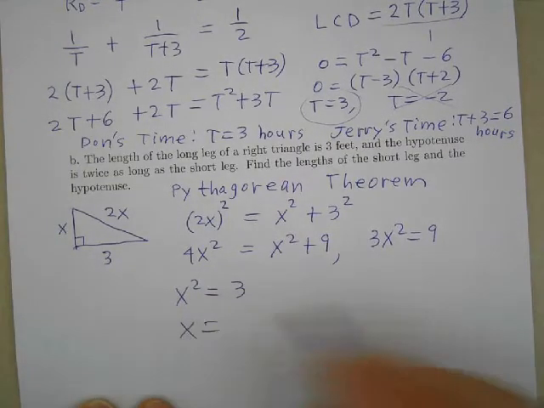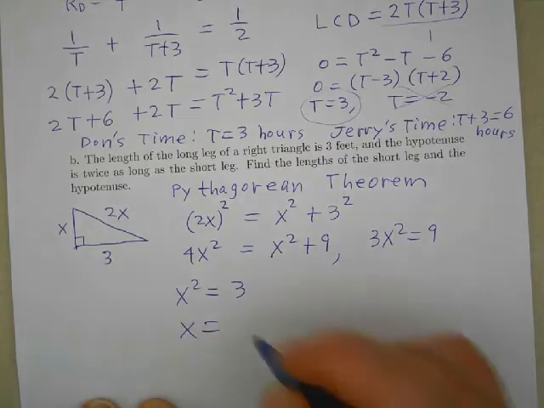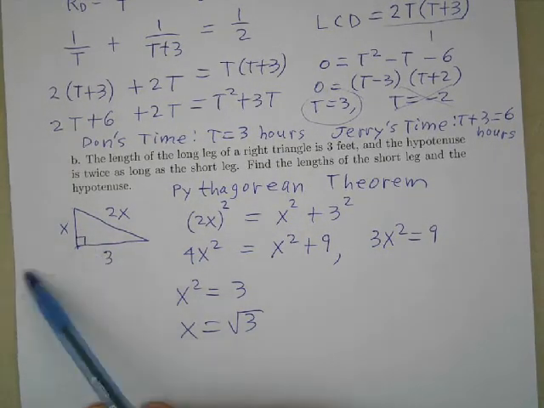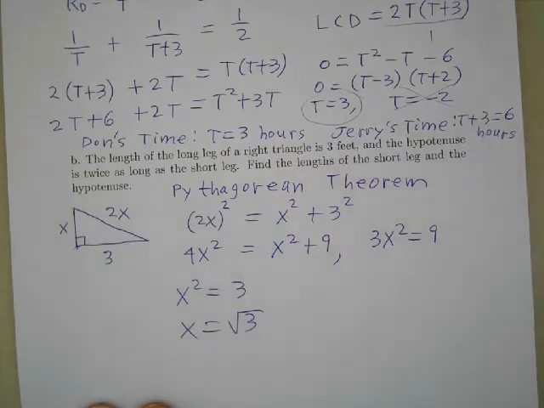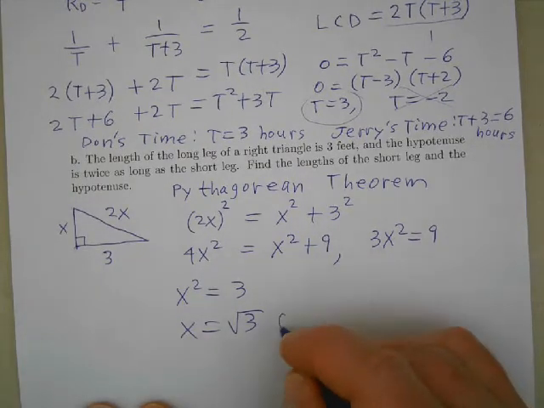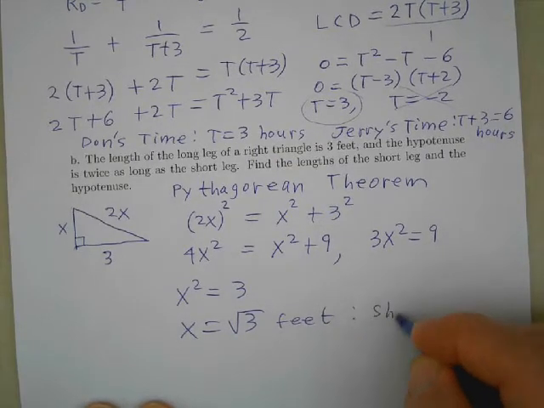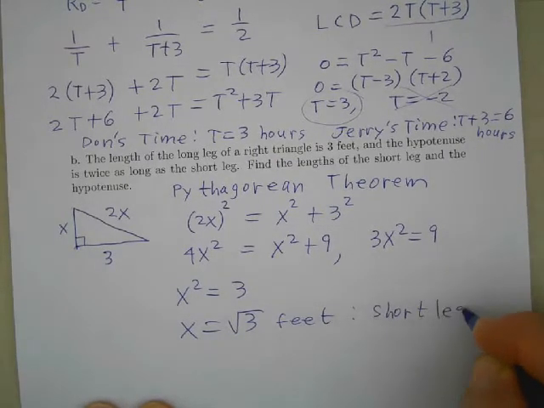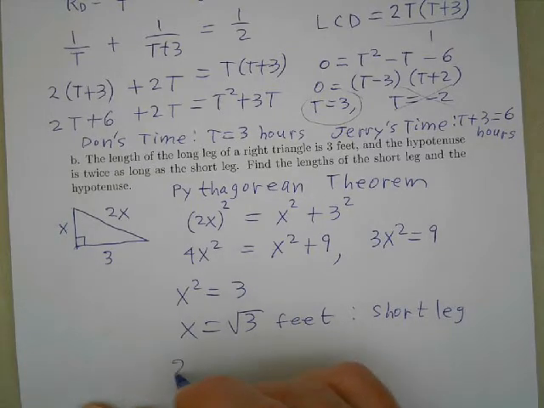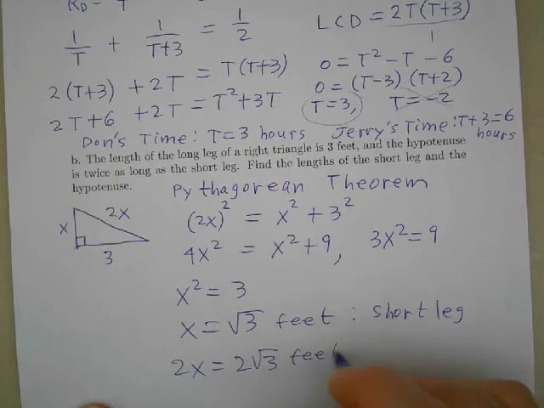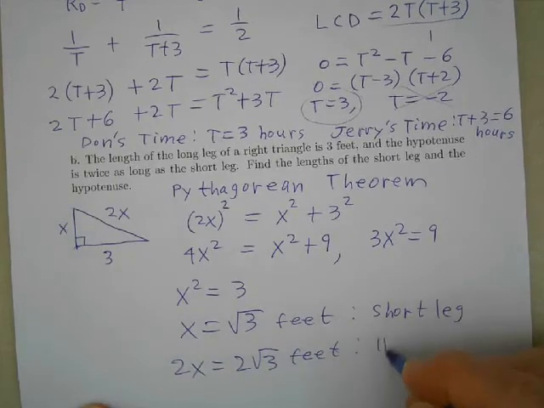And for x, we want the positive square root of 3, because the negative solution doesn't work in this problem. So the short leg is the square root of 3 feet. That's the short leg's distance. And then 2 times x, or 2 times the square root of 3 feet, is the length of the hypotenuse.